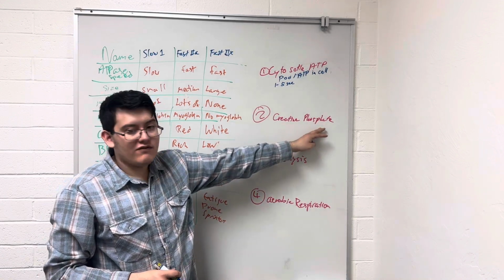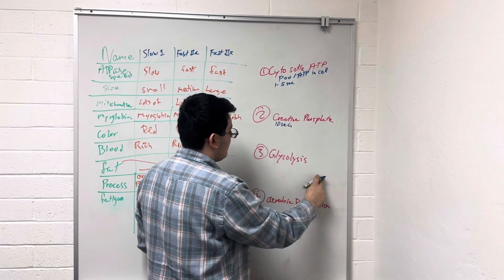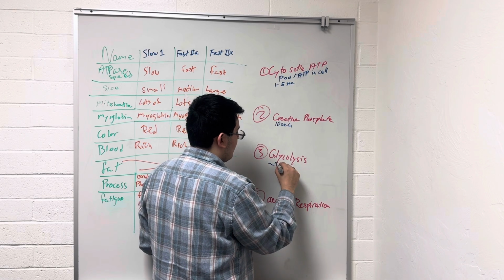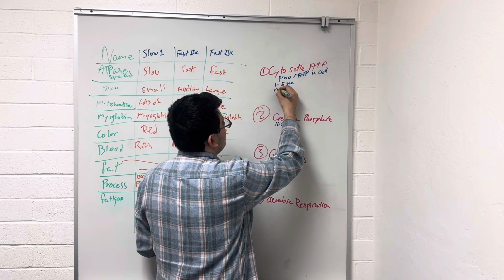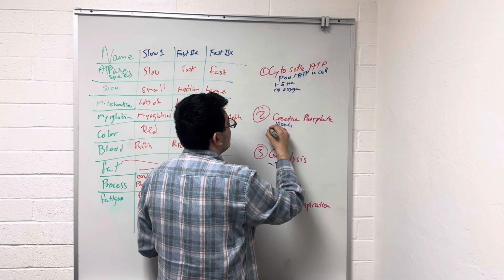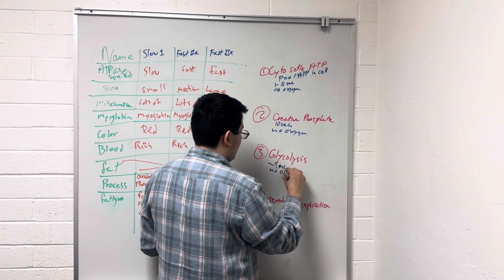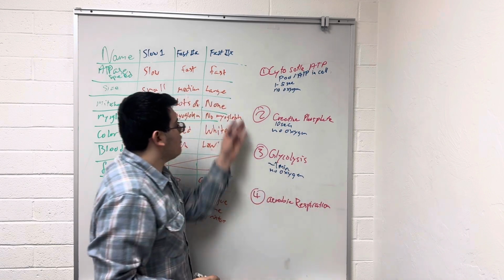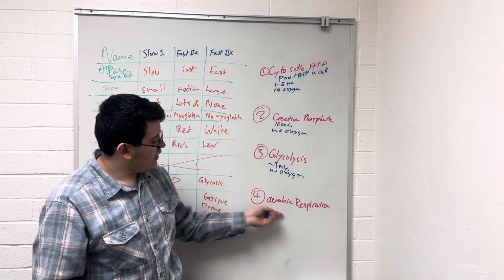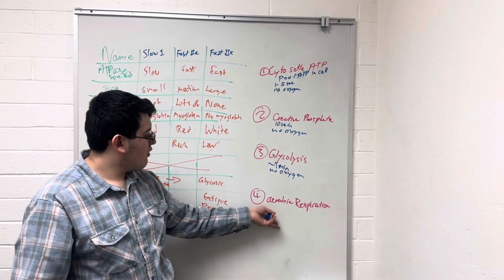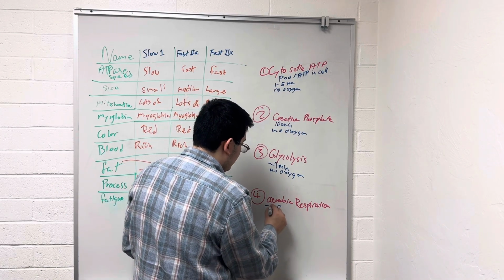While creatine phosphate tends to take about 10 seconds to react, and glycolysis tends to take about a minute to be used. All three of these require no oxygen. These are completely anaerobic. They don't require any sort of aerobic process, unlike aerobic respiration, which is what's known as oxidative phosphorylation, or OP for short.